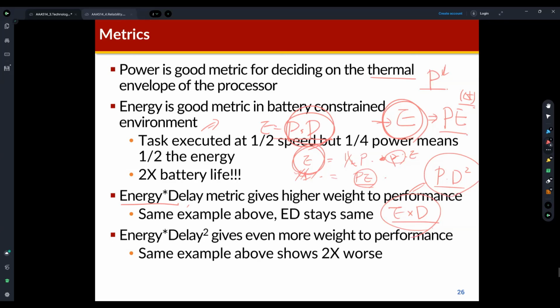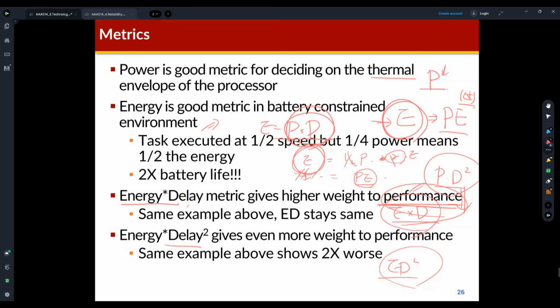If we focus more on the performance of the system, then we can use the energy multiplied by delay method, giving higher weight to the performance. Also, we can use ED squared, which means we focus even more on performance.